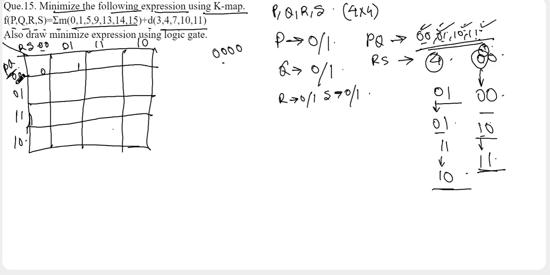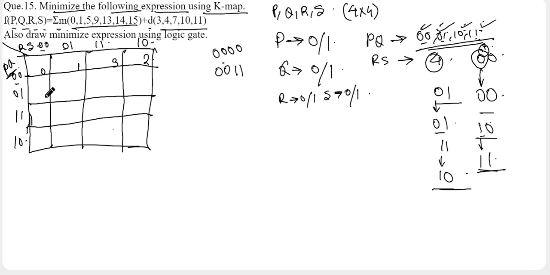For the next, row value 0 0 and column value 1 1. Okay, row value is 0 1, column value is 1 1, so the combined value will be 0 0 1 1, which will give us a value of 3. And for the next, 0 0 row value and 1 0 column value, it will give us 2.